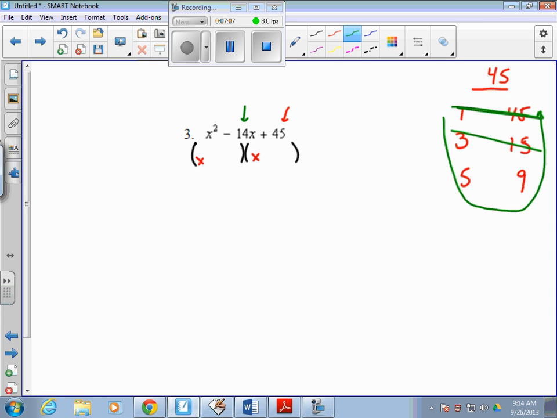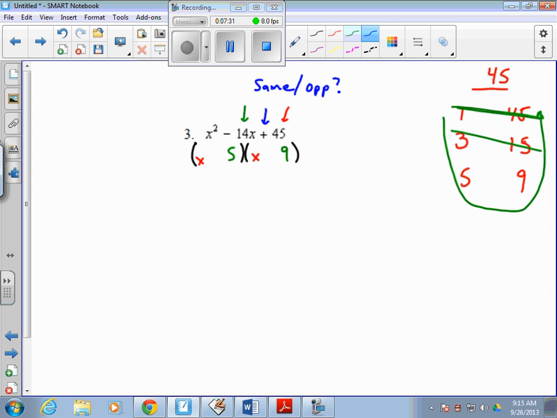So you take 5 and 9 and you plug them in right here. Again, the order doesn't matter because we haven't put in a plus or a minus yet. After you have your x's and you have your factors in there, look to this sign here. It's positive. Remember, all that one tells you is whether the numbers are the same or opposite.